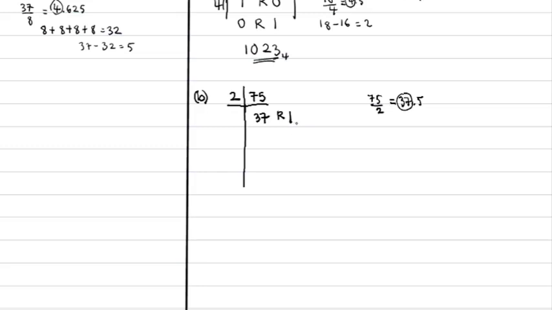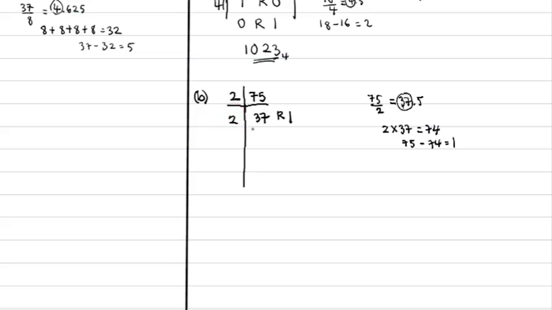Now to get this remainder, we're going to say 37 times this 2 in your mind. Just put it in your mind. 37 times 2, it will give you 74. So therefore say 75 minus 74 will give you 1. So that's the remainder here, 1.